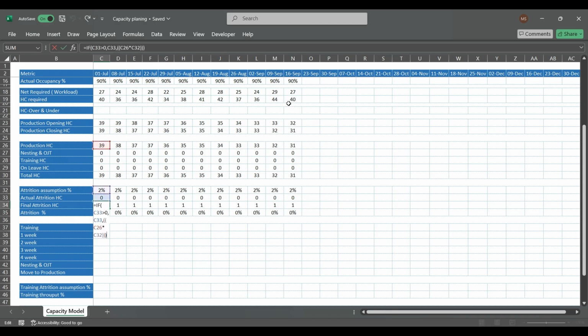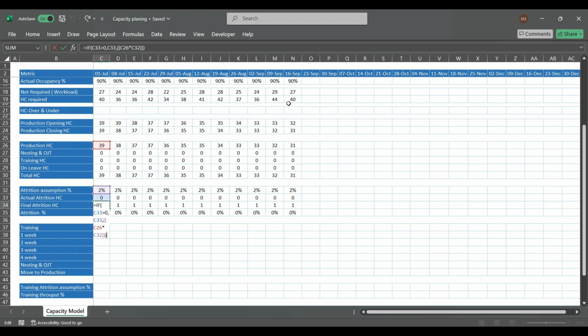If I need to discuss one more time the final attrition part, we will calculate the assumptive attrition based on this: the 39 total production head count multiplied by my attrition assumption. Okay, if we add the actual attrition head count, at that time we need to use the IF condition. If the attrition head count is showing 0, then it would be more than 0, so then it would be my actual attrition count.